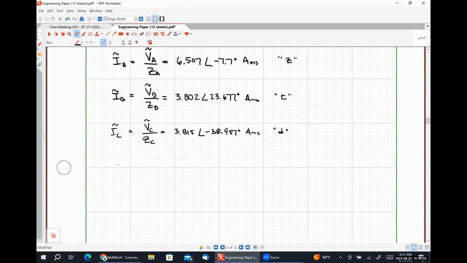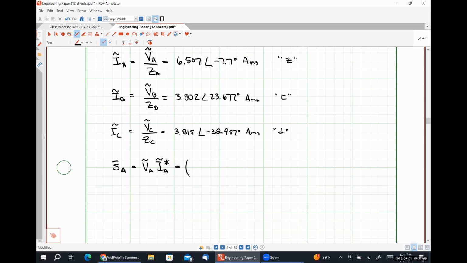So the complex power absorbed by impedance ZA is going to be VA times IA conjugate. Now I do have these stored in my calculator and I can make my calculator do this operation, but I want to write things down here specifically because it's been a moment since we used the conjugate operation in this class. So I just want to refresh your memory, right?